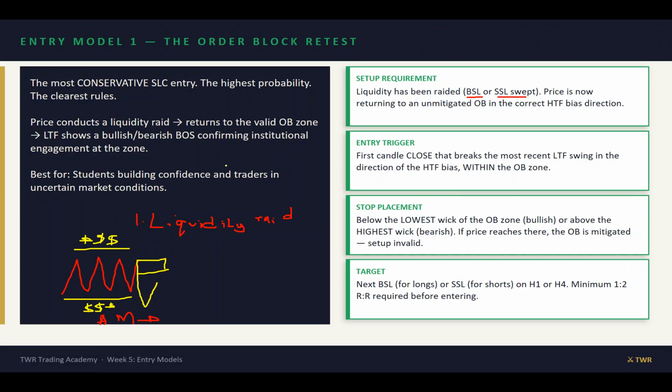Let's say our daily or higher time frame, 1 hour, whatever higher time frame you're using, is bullish. We are planning to buy. So it comes back, takes out all those sellers, collecting also these other liquidities, then gives us a break. It breaks this structure.